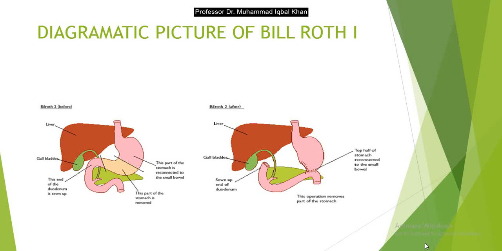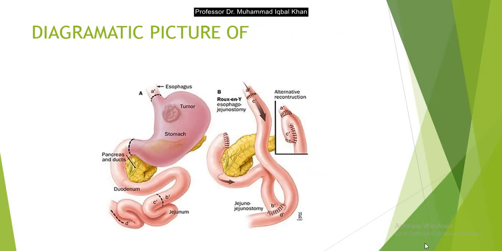So you can anastomose the stomach with the first part directly, or you can anastomose the stomach with the jejunum, taking it on the fourth part of the duodenum. So this is Billroth 1.